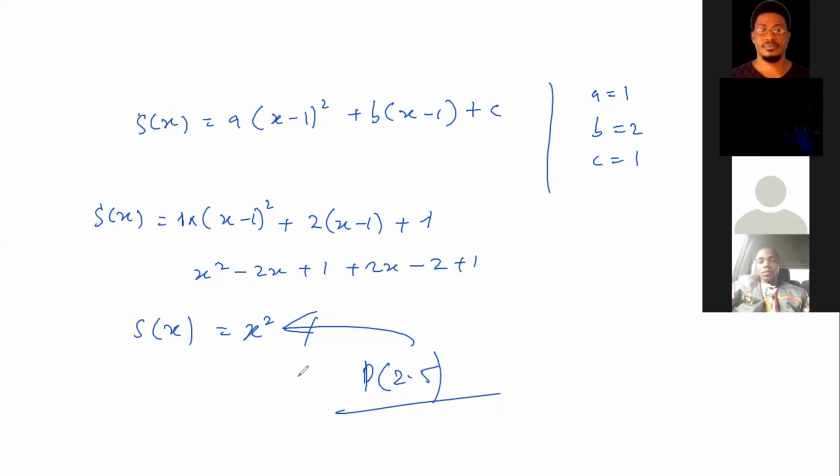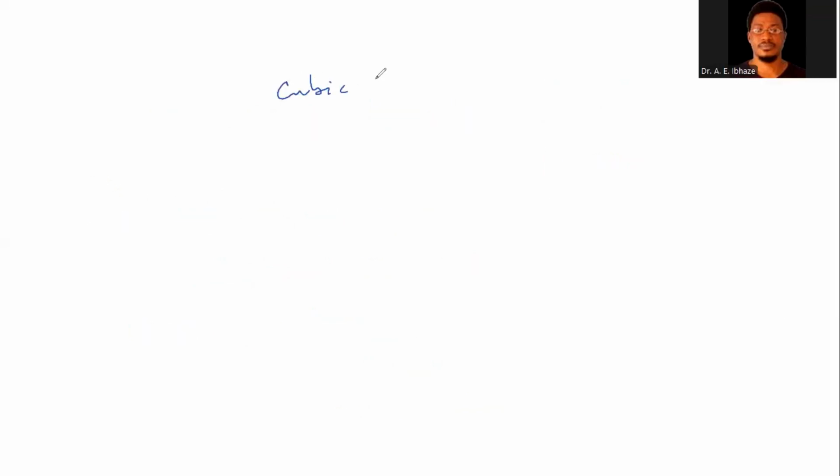Okay. Now let us go back. Okay, we've done linear, we've done quadratic, so let us do cubic spline. It is to be noted that the spline interpolation uses piecewise polynomial functions to achieve smoothness between intervals. And the cubic spline is the most commonly used, actually.